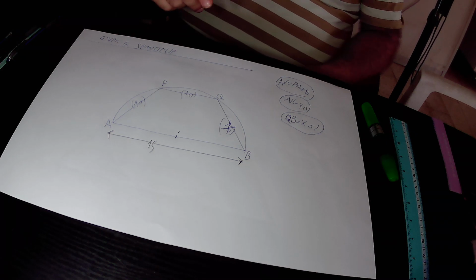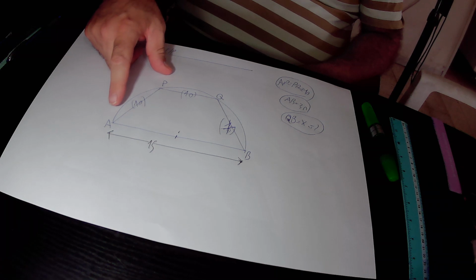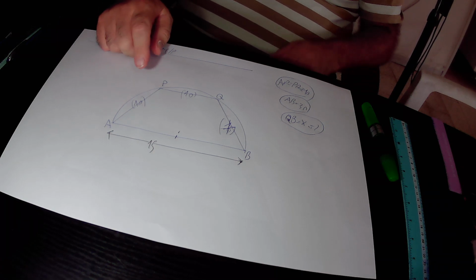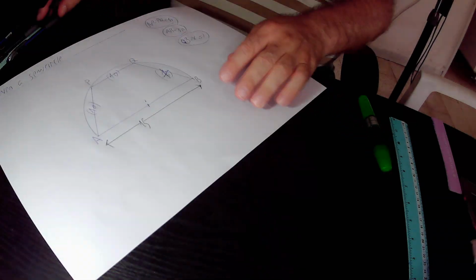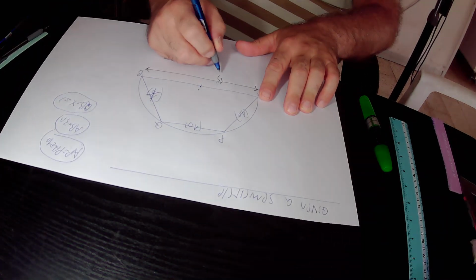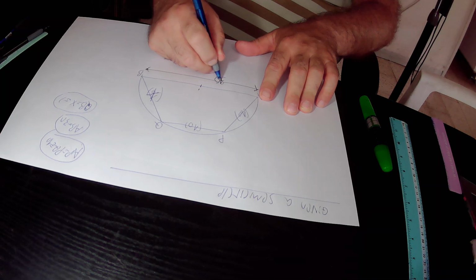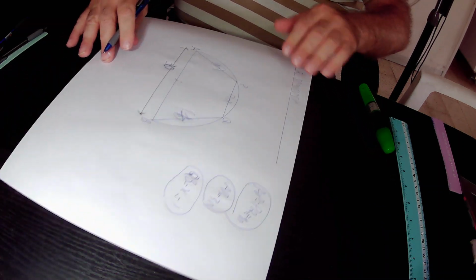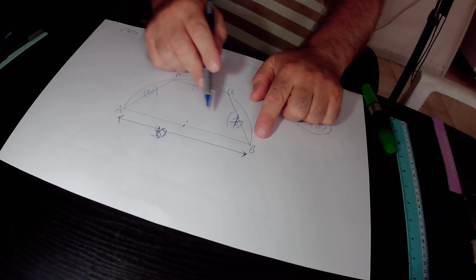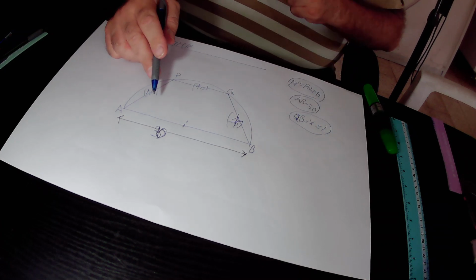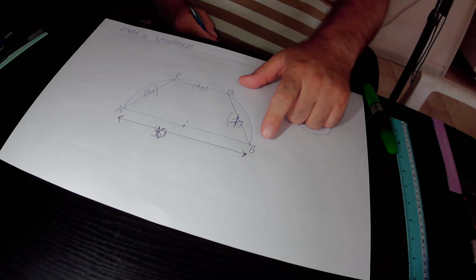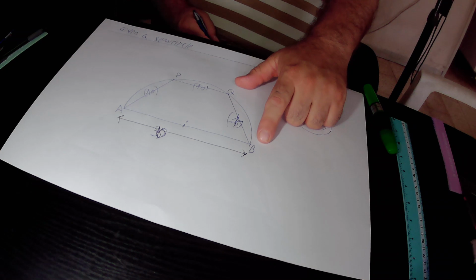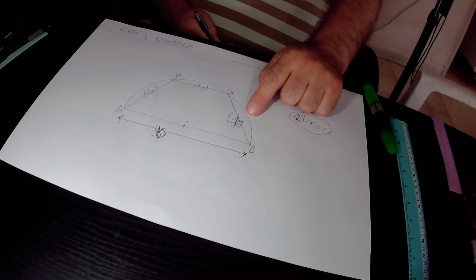Inside this semicircle, we have this chord AP that equals 10 units, and this chord PQ that also equals 10 units. AB, the diameter of this semicircle, is equal to 30 units in length. Again, our mission is to find the length of QB, that is x.